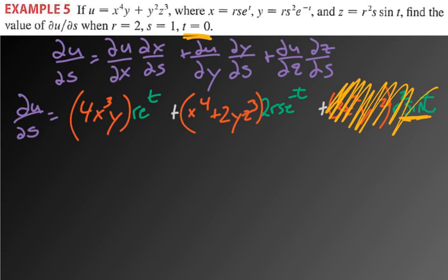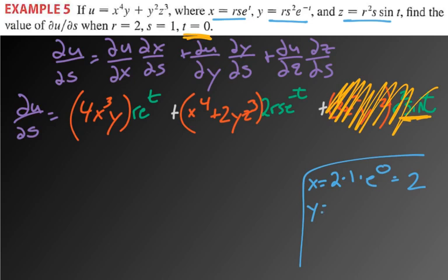So we have to plug in for x, y, and z, right? And so I'm going to go up here and plug in my 2, 1, 0 into those. Just a little aside, x is going to equal 2, which is r, times 1 times e to the 0, which would equal just 2.